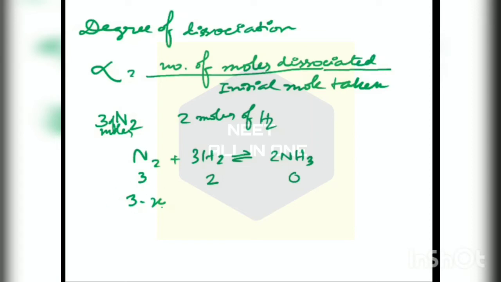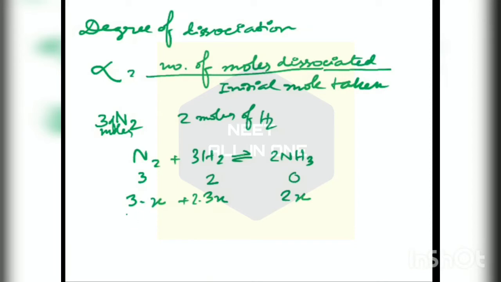So the rest of the moles are the remaining N2, 3 minus x, and for H2, 2 minus 3x. So you can see that when we write this x, we have to add the coefficient of the equation, and here we also write 2x.